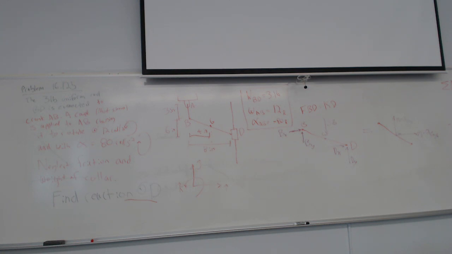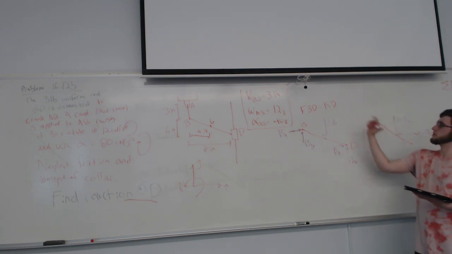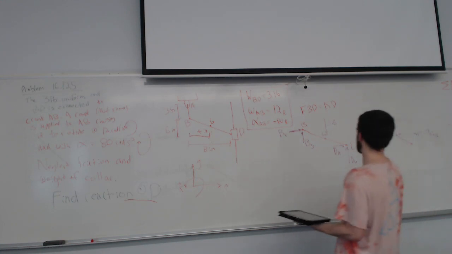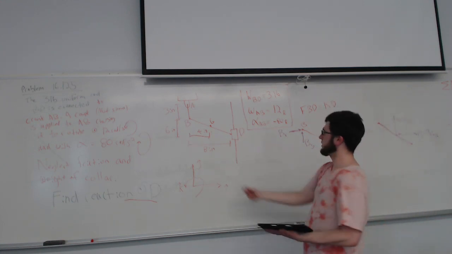Then we need to find the moment that Dx and Dy cause. In the exact same manner, let's see, Dx would cause this type of motion. It would make it go that way. My thumb's pointing this way, positive. So it would be Dx times the distance. This one's given to us directly right here.